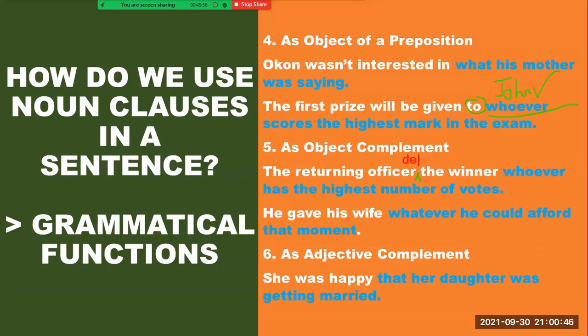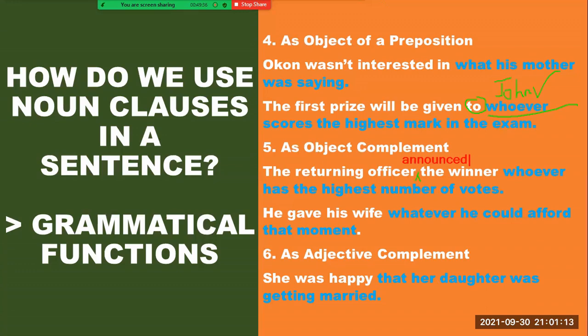Now let's use the word declared or announced. All right. The returning officer announced the winner, or declared the winner, if you like, whoever has the highest number of votes.